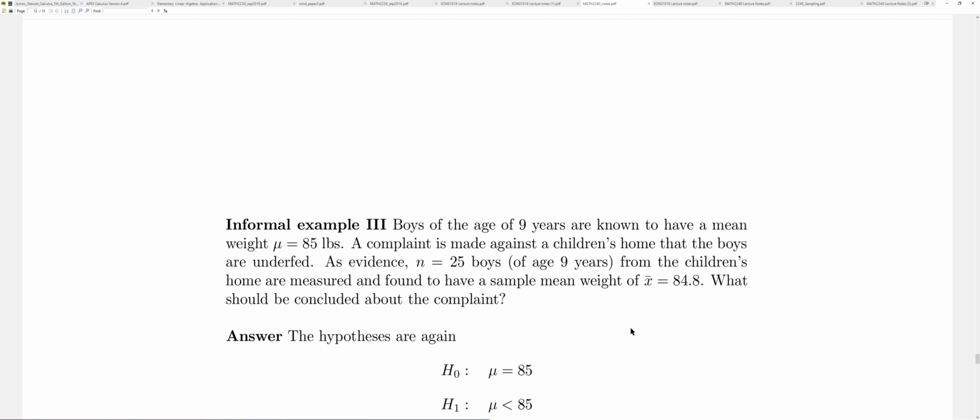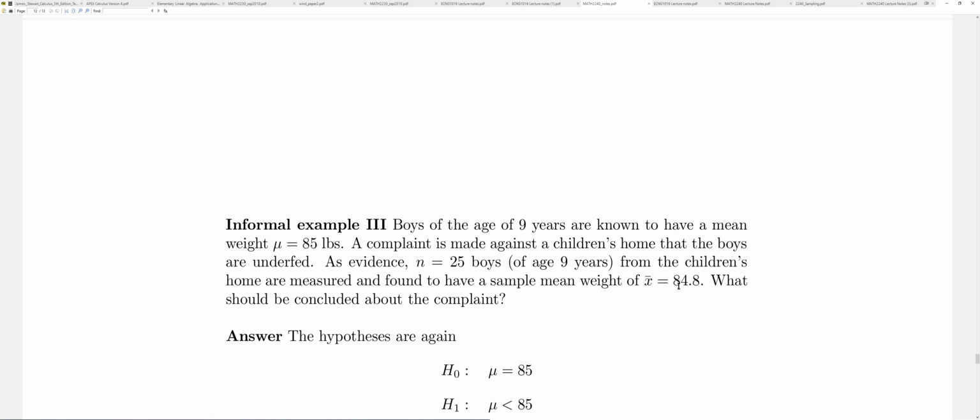Now, as I said, this is an informal example, and we need to eventually formalize how we're going to actually decide to not reject H0 or to reject H0. But at this point in time, what we're doing is we're trying to understand the reasoning behind the hypothesis testing.